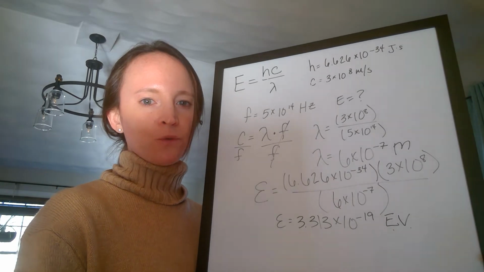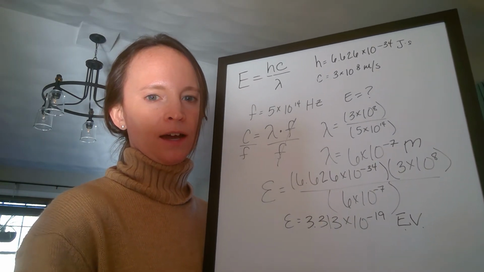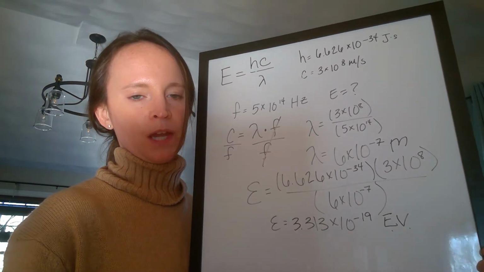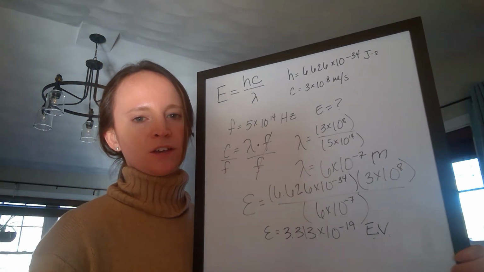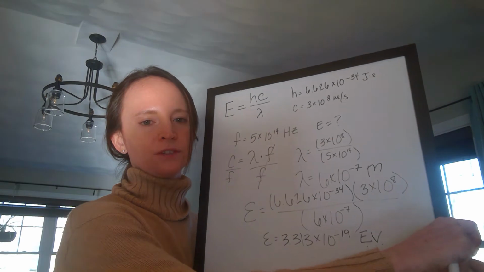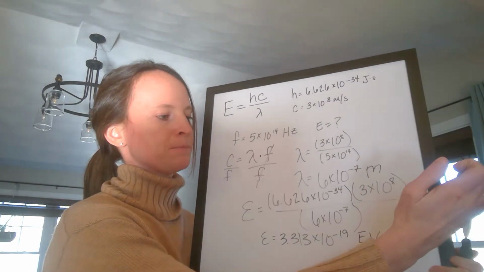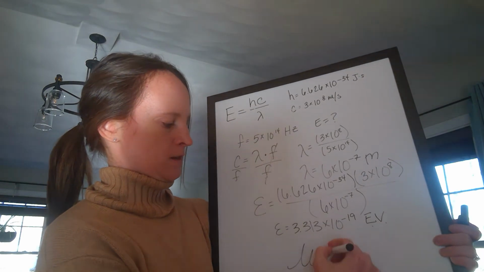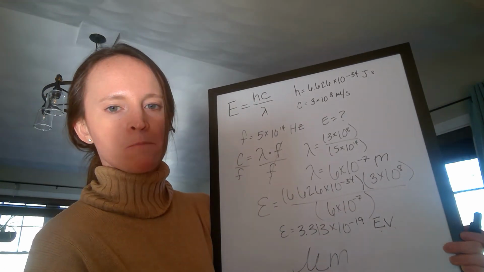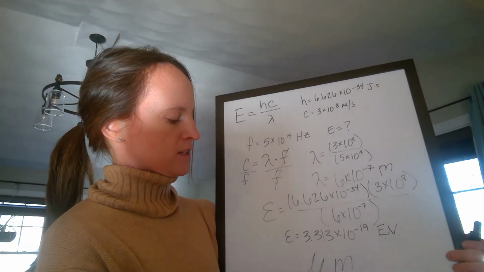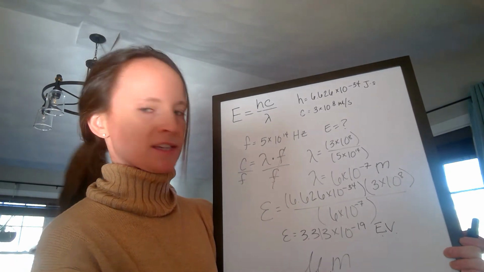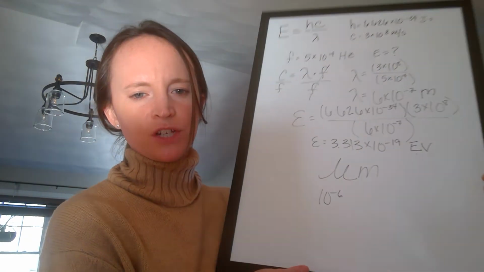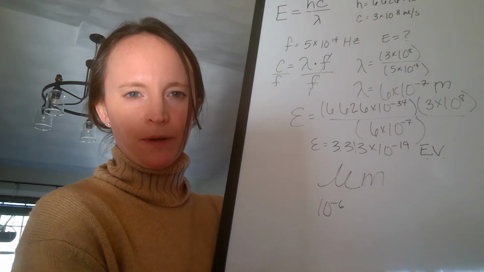All right, slide number 14 is a little easier because you don't have to solve for wavelength. They give it to you. So on 14, they tell you the wavelength of a photon of light is 3.3, and then there's a fancy u, which means micrometers, where micro is 10 to the negative 6th. So you want to put that in meters, in parentheses.